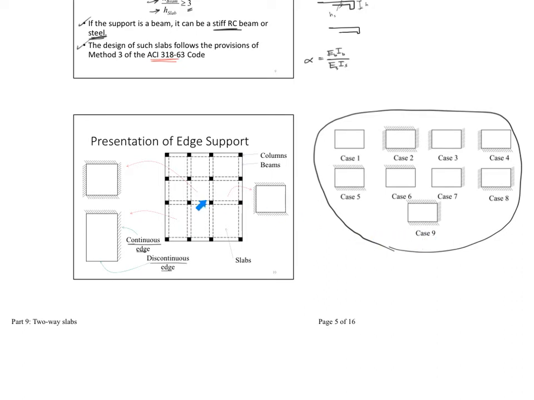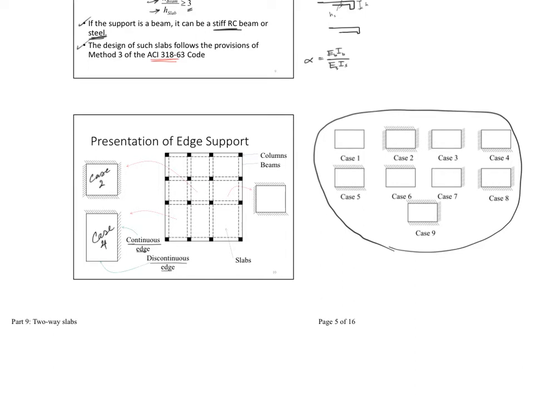So if we want to take this as an example, looking at the one in the middle here, it will be the one that is continuous from all sides. I look here, it's case 2. Then I call this right away case 2. For the one that is discontinuous from 2 adjacent sides and continuous from 2 adjacent sides, I look here, it is similar to case 4, then I call this case 4.